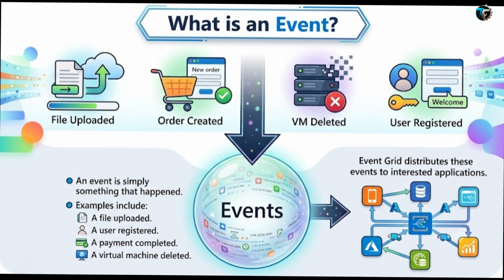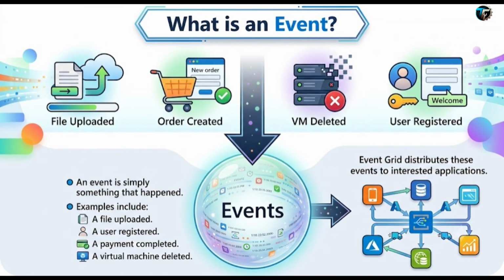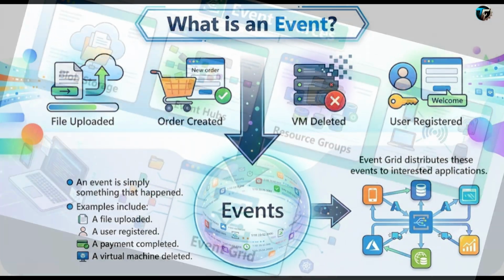An event is simply something that happened. Examples include a file uploaded, a user registered, a payment completed, a virtual machine deleted. Event Grid distributes these events to interested applications.